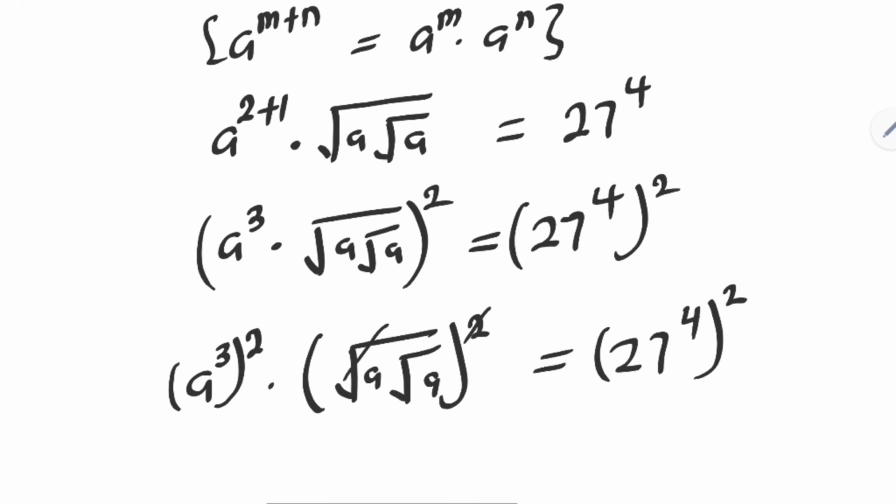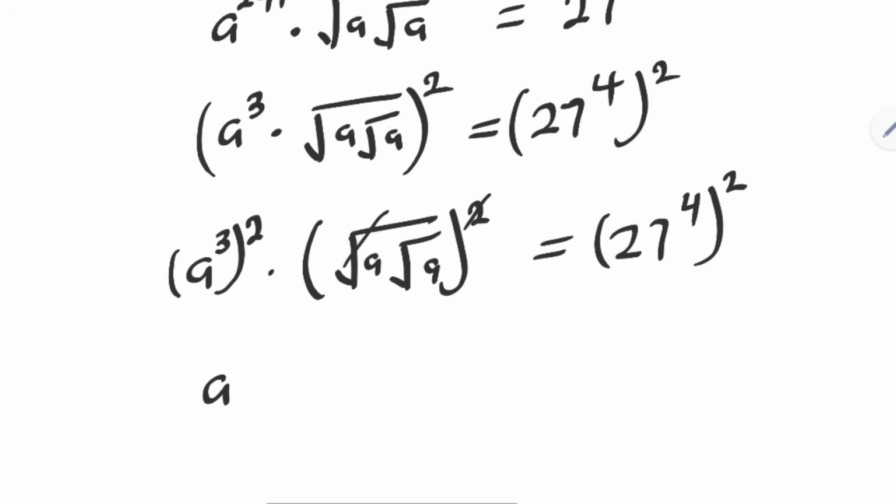This square cancels this square. We have a raised to power 3 times 2, that is 6, multiplied by a multiplied by square root of a is equal to 27 raised to power 4 multiplied by 2, that is 8.